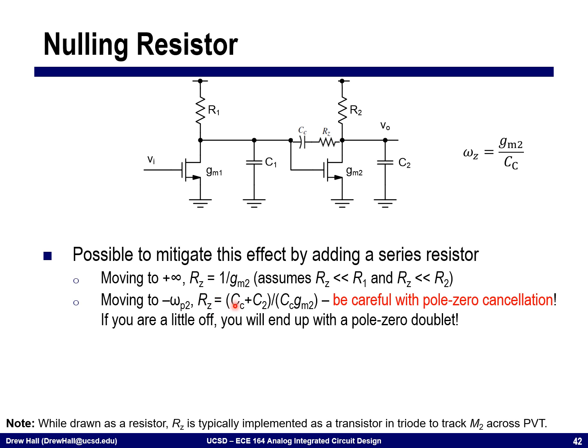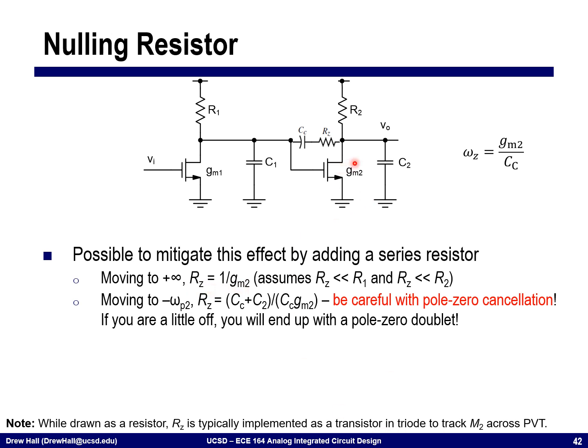I'm drawing this resistor here as RZ, but more often than not, it's actually going to be implemented as a transistor. The reason is very straightforward, especially in the case of moving it to positive infinity.